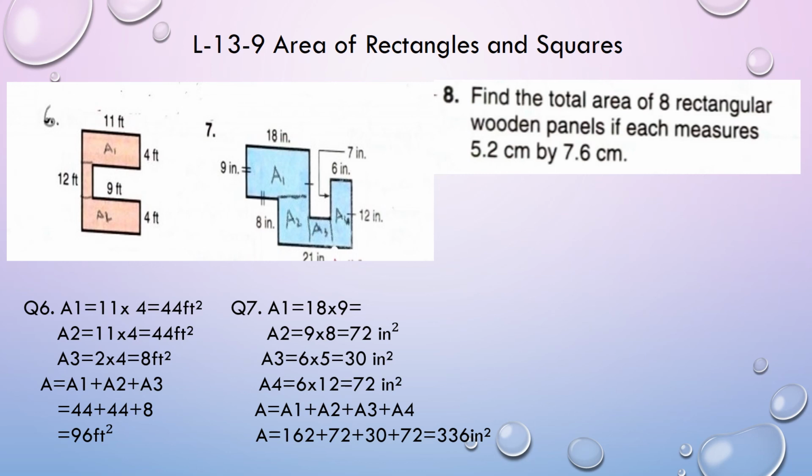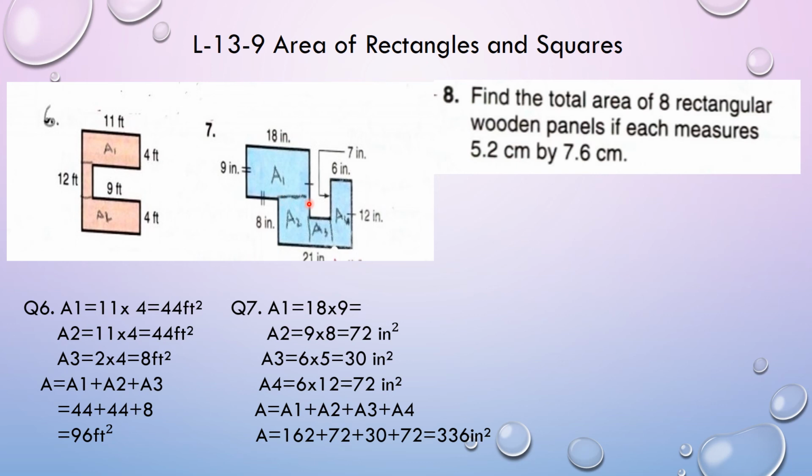9 is remaining here. Okay, and this part is given as 8 inches. That's why the second is 9 into 8, 72. In A3, all together is 21. This part is 9, this part is 6. How much will it be? 6 plus this 9 is 15.